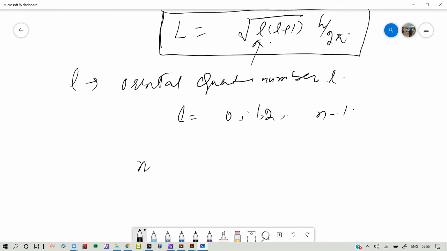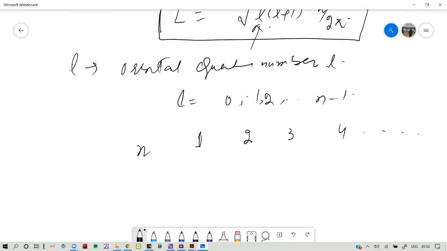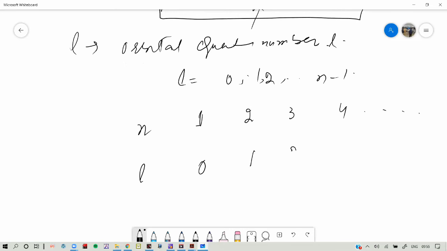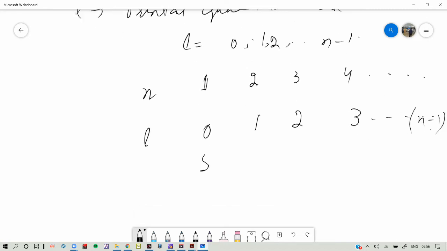So for example, n is equal to 1, 2, 3, 4, etc. Your l will be 0, 1, 2, 3, because it is n minus 1 here. Then this becomes s, p, d, f, g. These are the orbitals, the orbital quantum number.